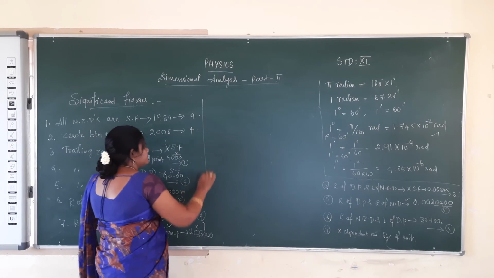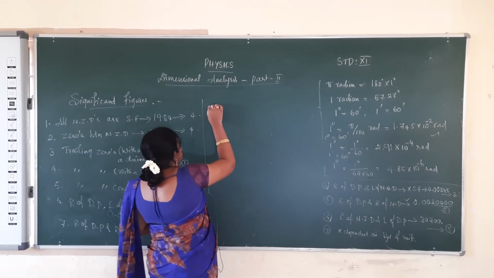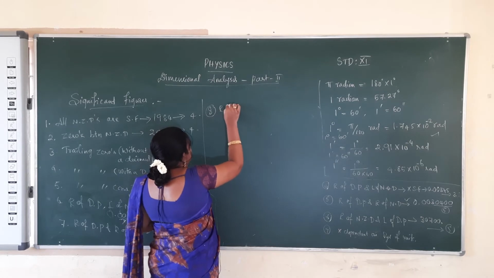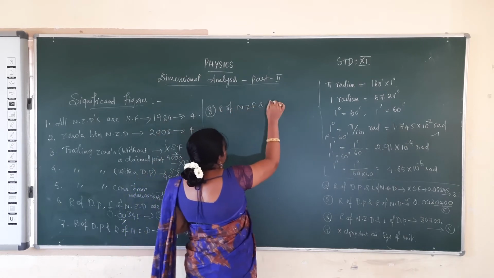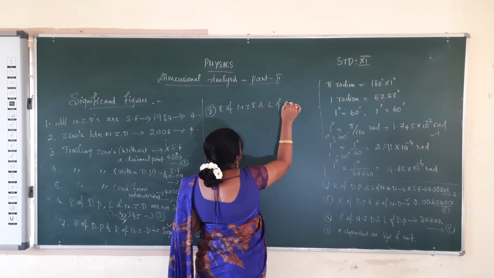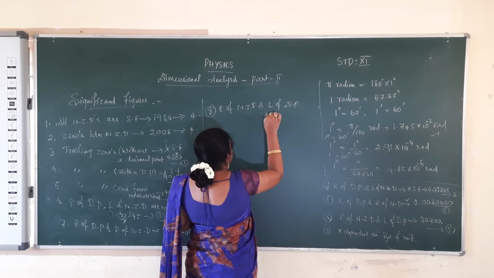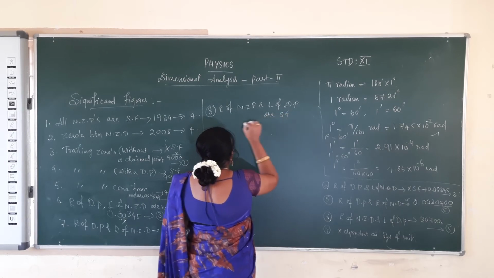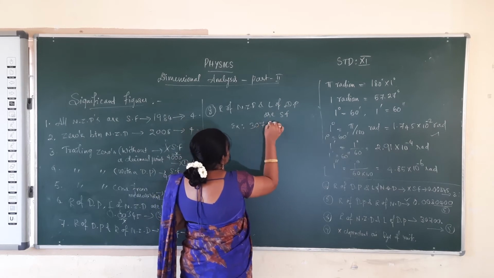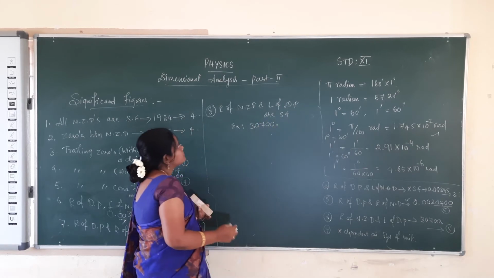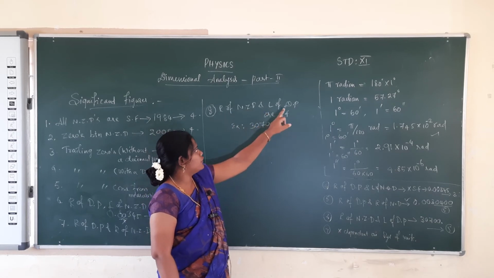And then the eighth point: right of a non-zero digit and left of a decimal point are significant figures. Example, 30700. Right of a non-zero digit and left of a decimal point.